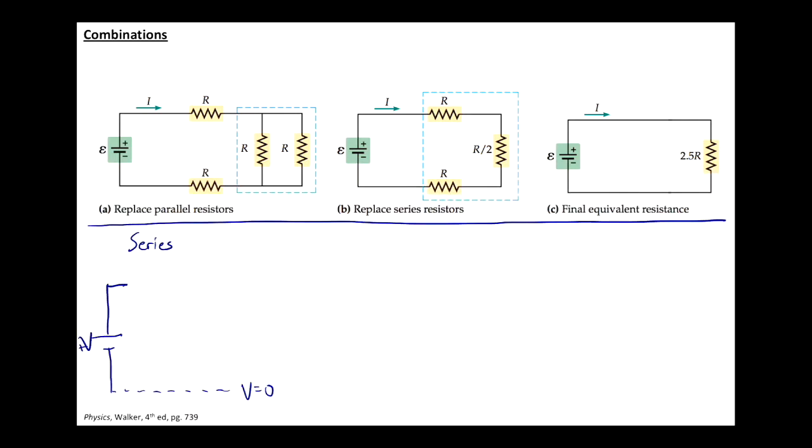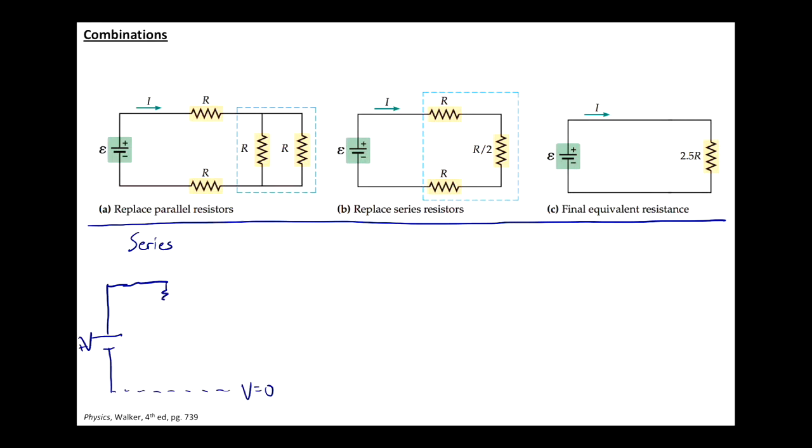That means by the time I go all the way around the circuit, I need to be back at zero. It has to use up all of the potential difference, because by the time I get back to the bottom of the battery, we're back at zero level. So I have to go from this high point all the way back to the low point again. The way we do that is by traversing each of those resistors.